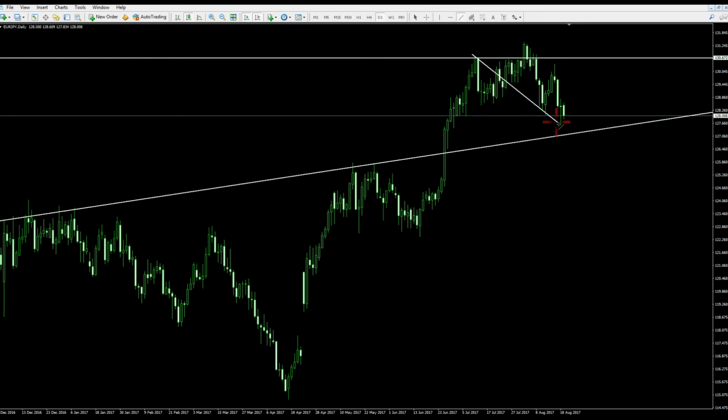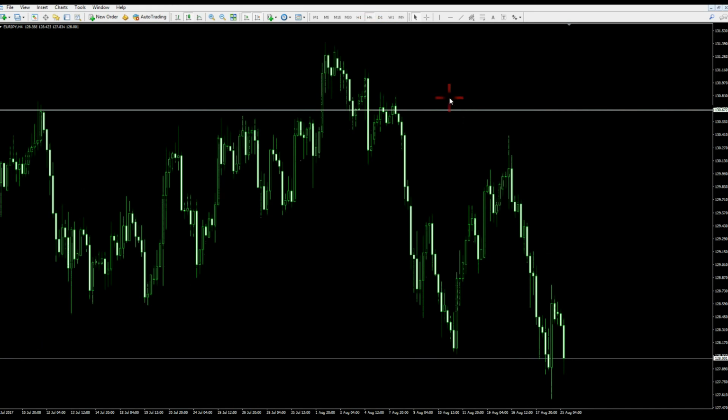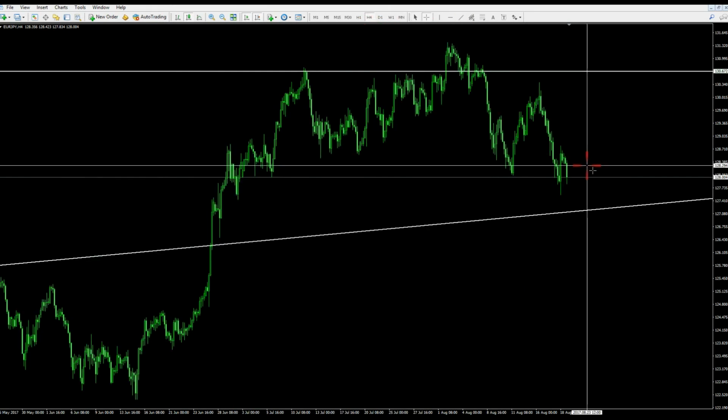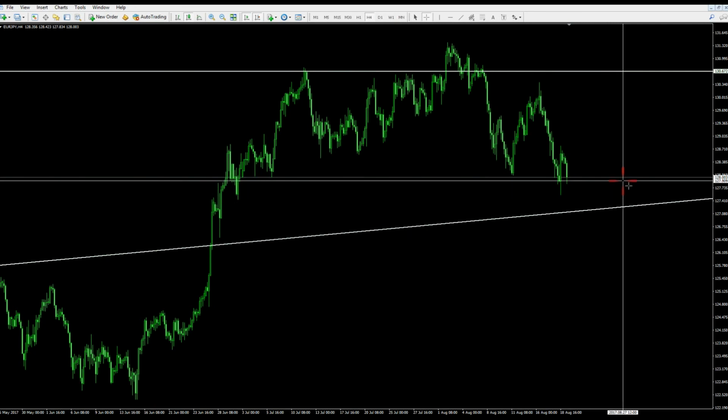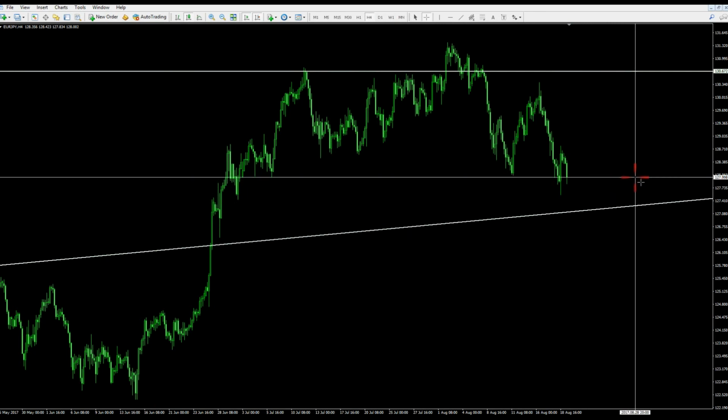So here we can see that resistance, support, so could this come down a little bit more? It's possible. It's too early to say. Here on the 4-hour time frame, we can see there is a support here, or rather there was a support. Still, price is holding above, so it's not broken yet.